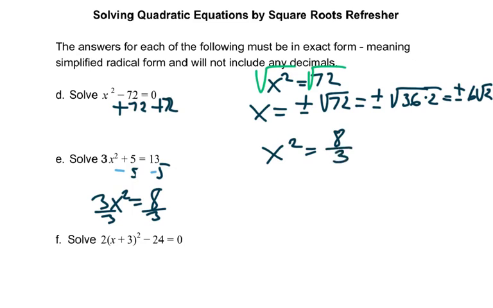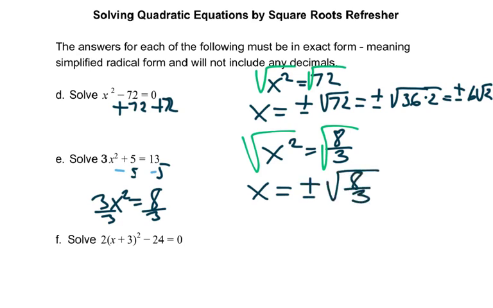I don't need the decimal. Fractions are perfectly okay. Taking the square root will give me the answer of positive and negative square root of 8 over 3. This is the answer. Nothing we can do to simplify it more.